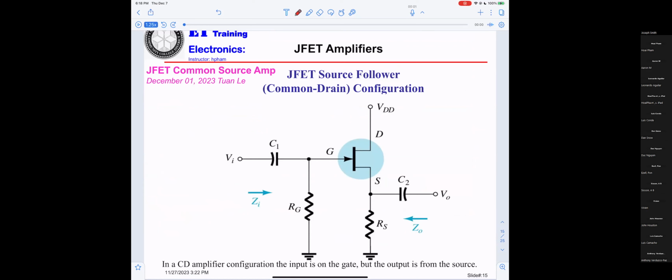Still common source. A JFET source follower. Now, you go to the source follower. That means common drain. That's input here, that's output here. The difference is the output now comes from the source.